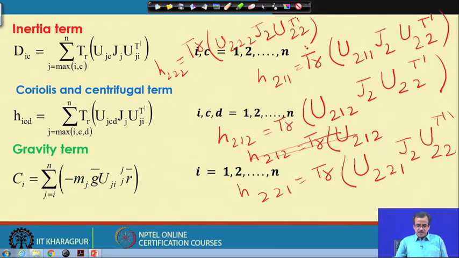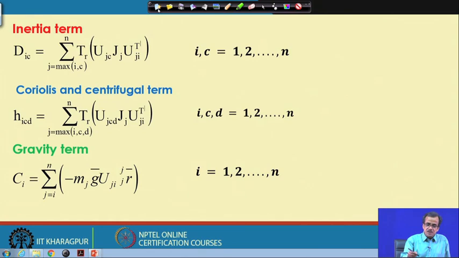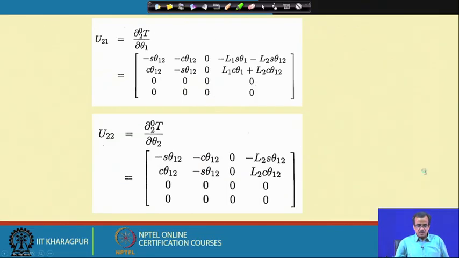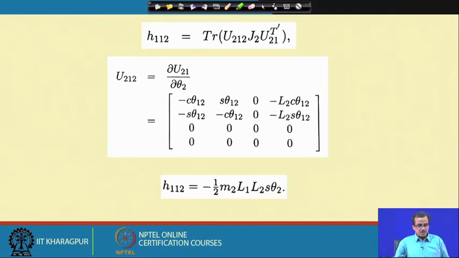So this is the way we can find out the expression for h 211, h 212, h 221 and h 222. Using this I can find out the final expression for these particular h terms.